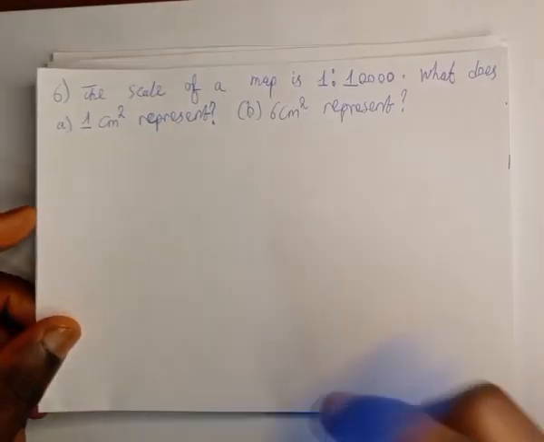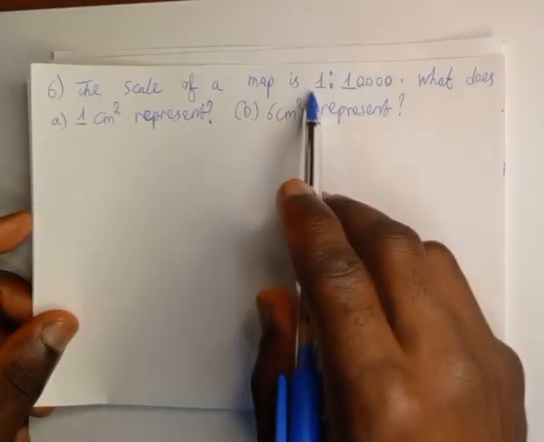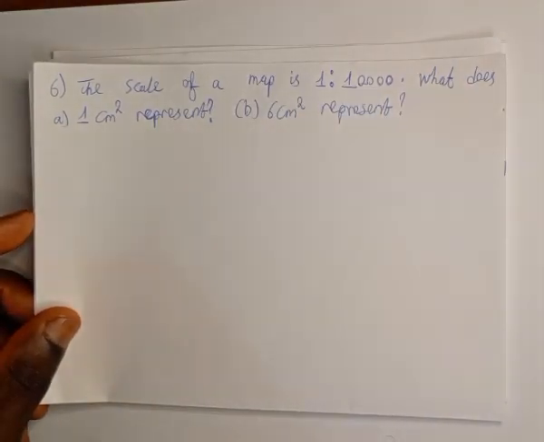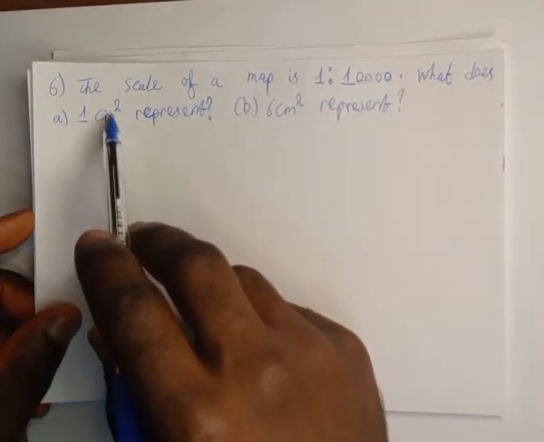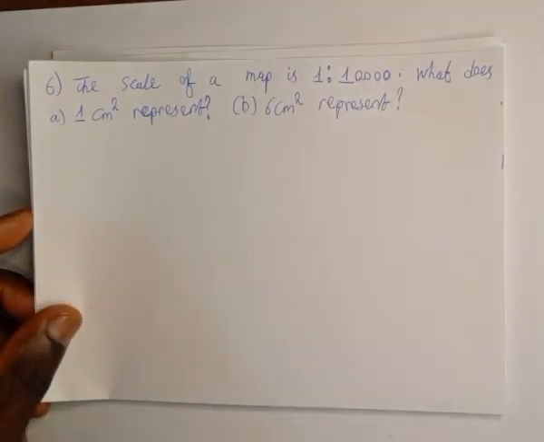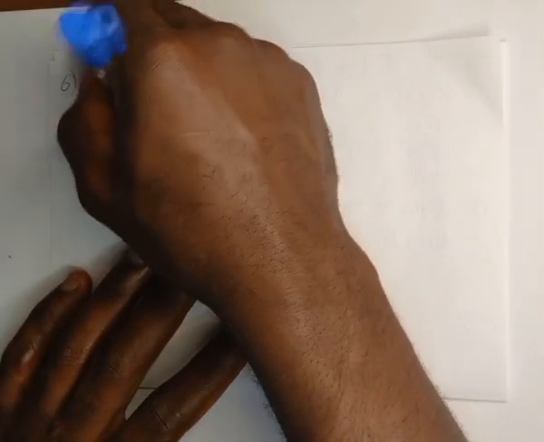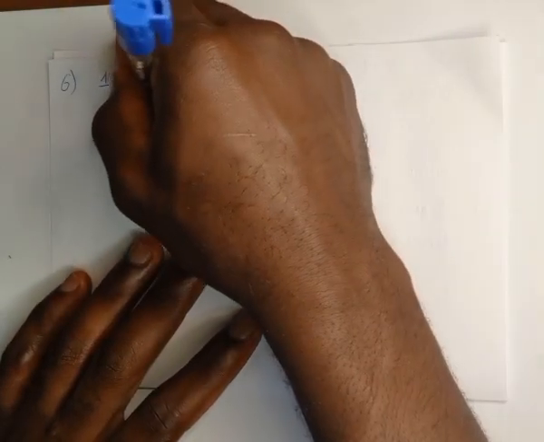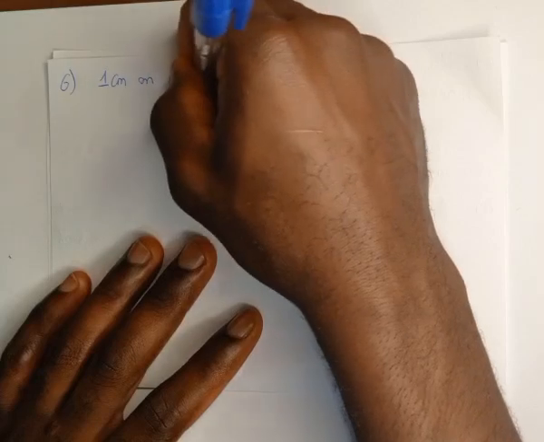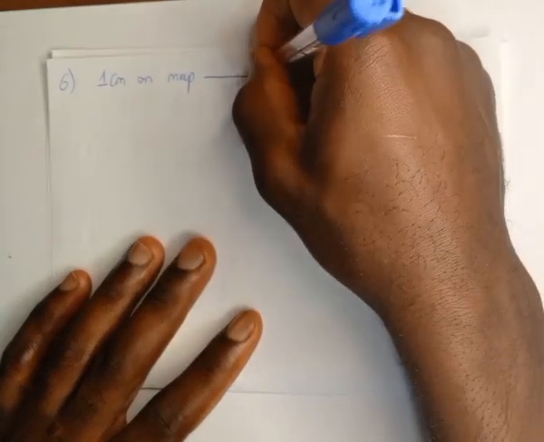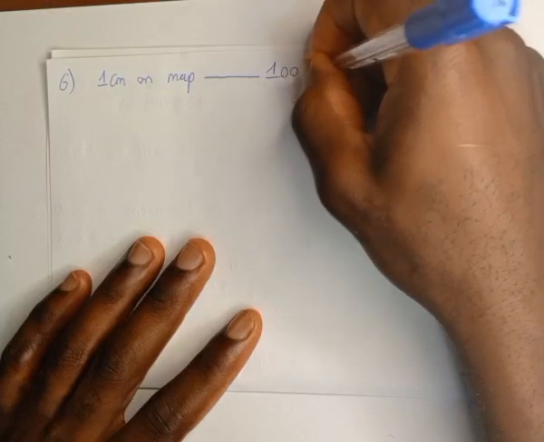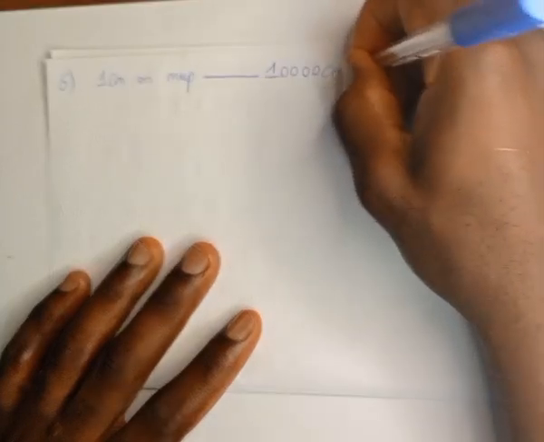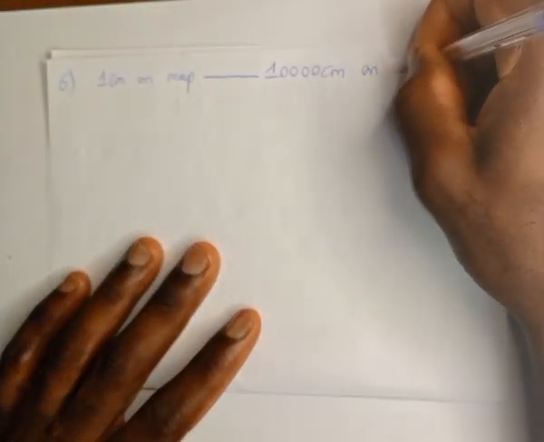Question 6. The scale of a map is 1:10,000. What does 1 centimeter squared represent? Start by writing the scale. 1 centimeter on map is equivalent to 10,000 centimeters on Earth.